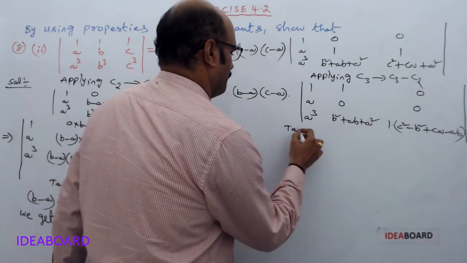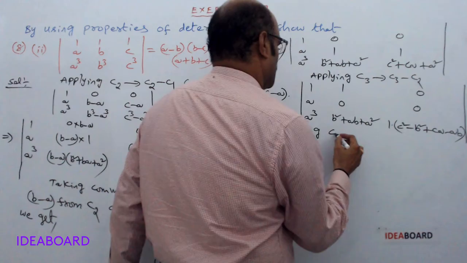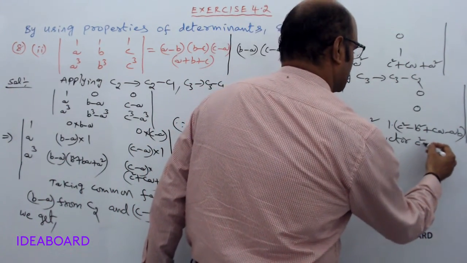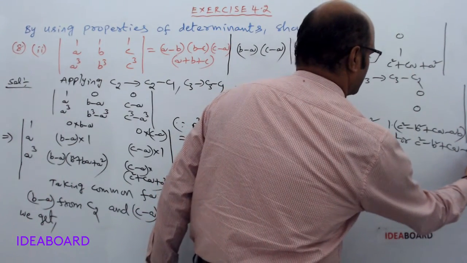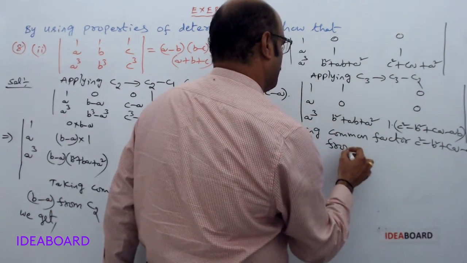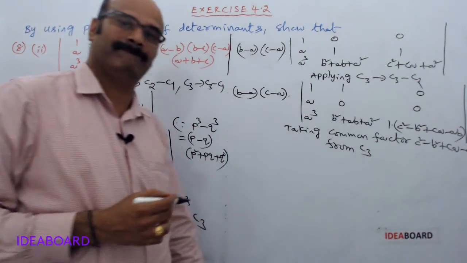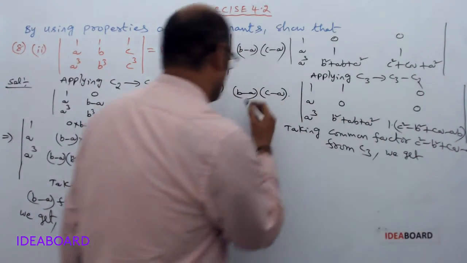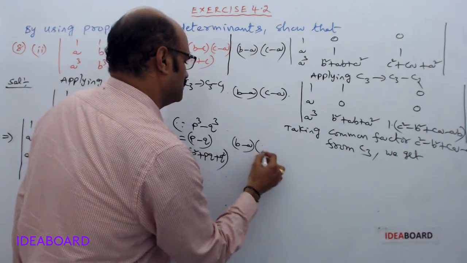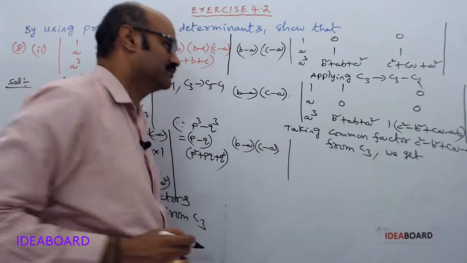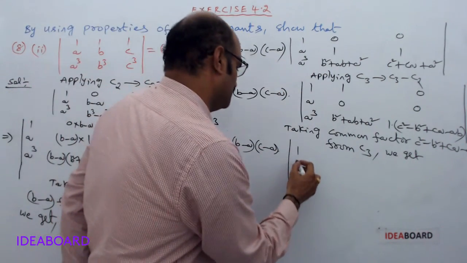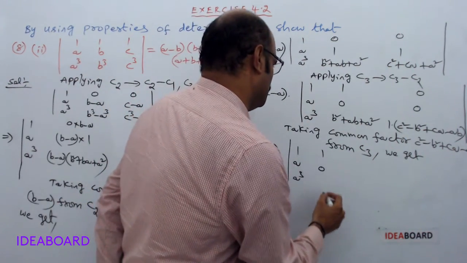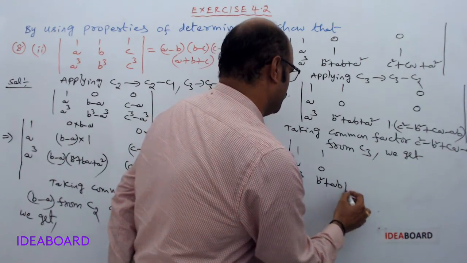Taking common factor C square minus B square plus CA minus AB from C3, we get B minus A into C minus A into, C1 same, 1, A cube; 1, 0, B square plus AB plus A square.